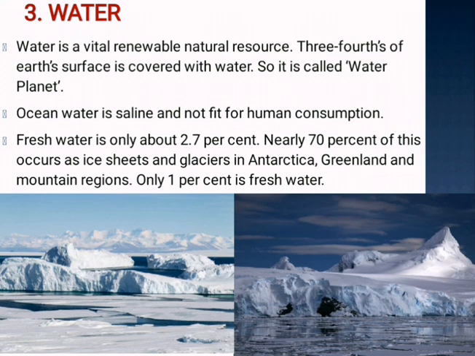Among this freshwater, nearly 70% is not directly suitable for human consumption, that is in the form of ice or glaciers in the northern and southern hemispheres. But only 1% of the freshwater is directly ready for human consumption.